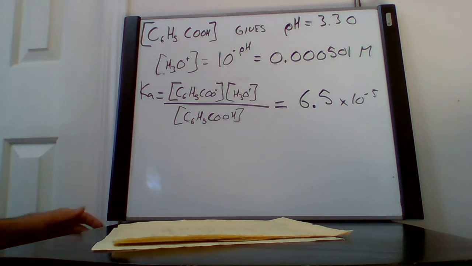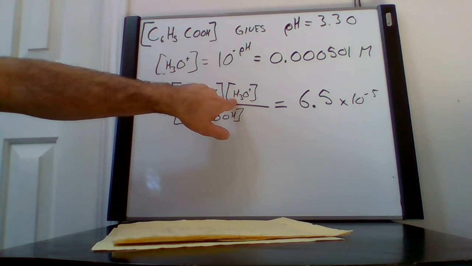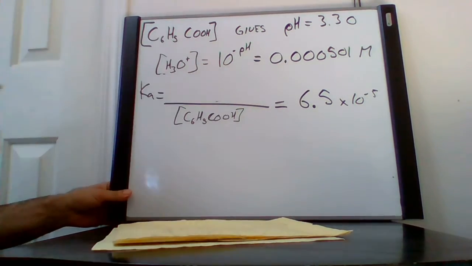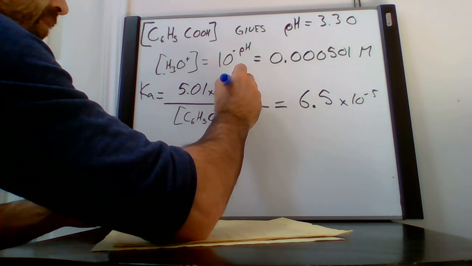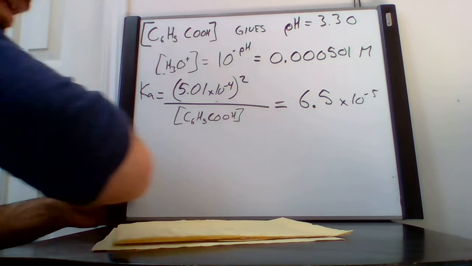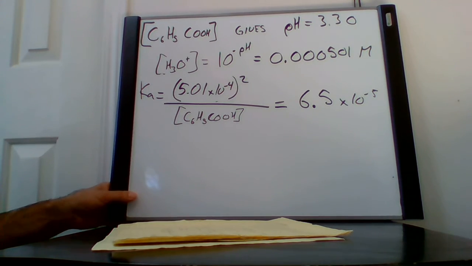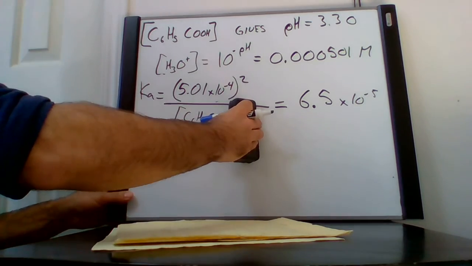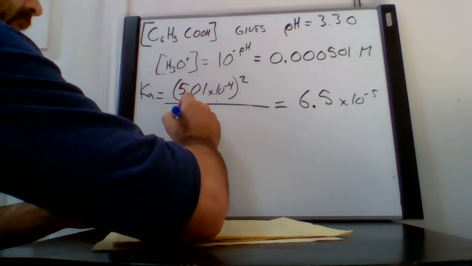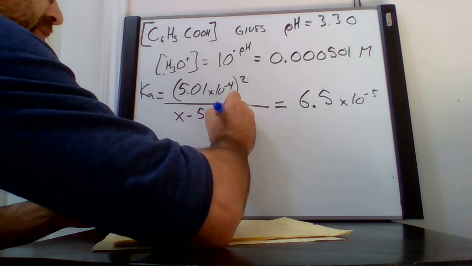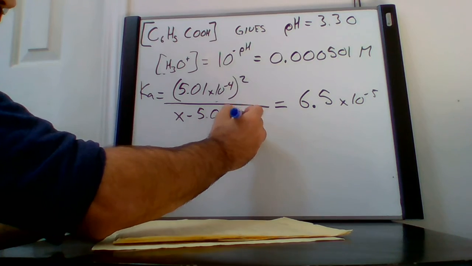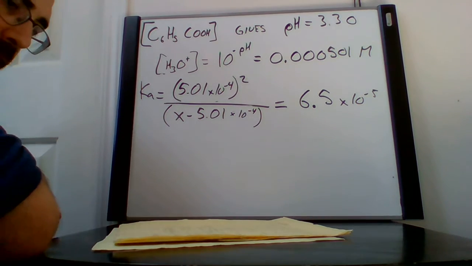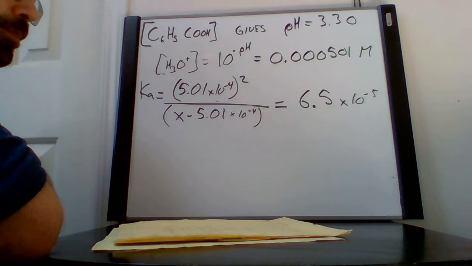Okay. Now, if we go back, these two we had said from our ICE chart, those are the same value. So I'm going to have 5.01 times 10 to the negative 4 squared, because both of them had that value and we're multiplying those. And instead of this unknown here, we have x minus 5.01 times 10 to the negative 4 as my denominator.